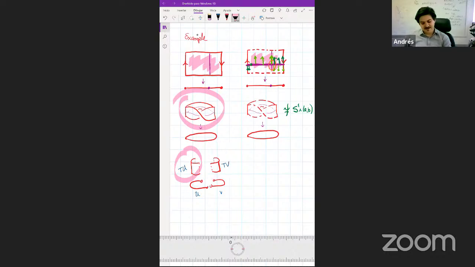But it is glued differently. For the cylinder, you just glue it like this. But for this one, you need to turn and then glue. And this type of space is the one that we were looking for, the tangent bundle.